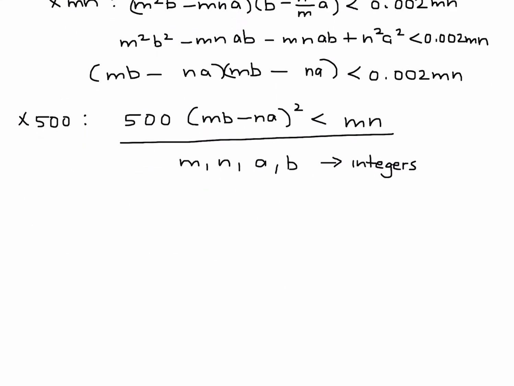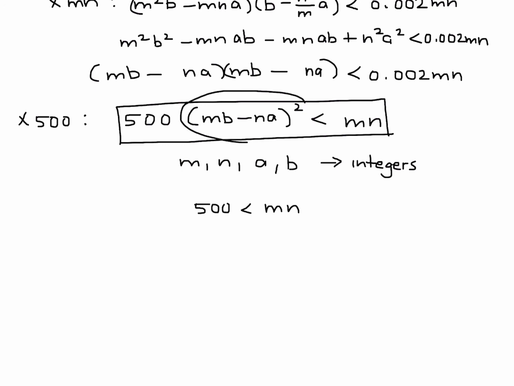So now let's discuss this guy right here. mn is greater than this, right? And this part is a perfect square. So a perfect square obviously is going to be positive. It could be 0, but 0 would not make any sense, right? It could be, but that would just give us that mn is greater than 0, and that doesn't help us. If this is 1, it helps us, because that means that mn would be greater than 500 if this part is 1.